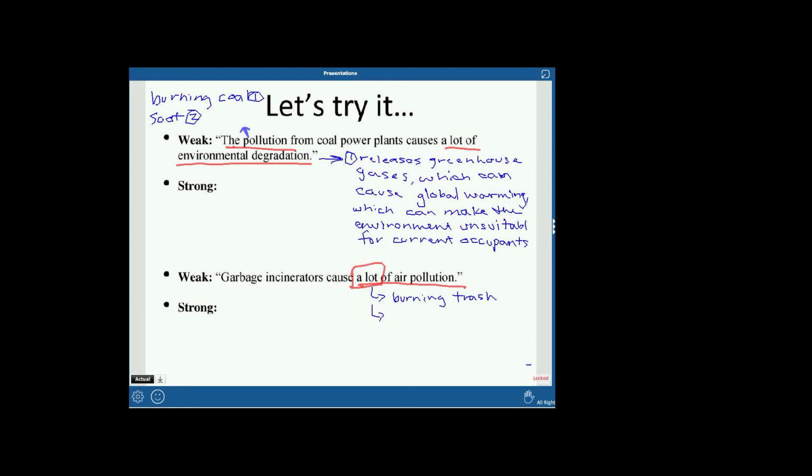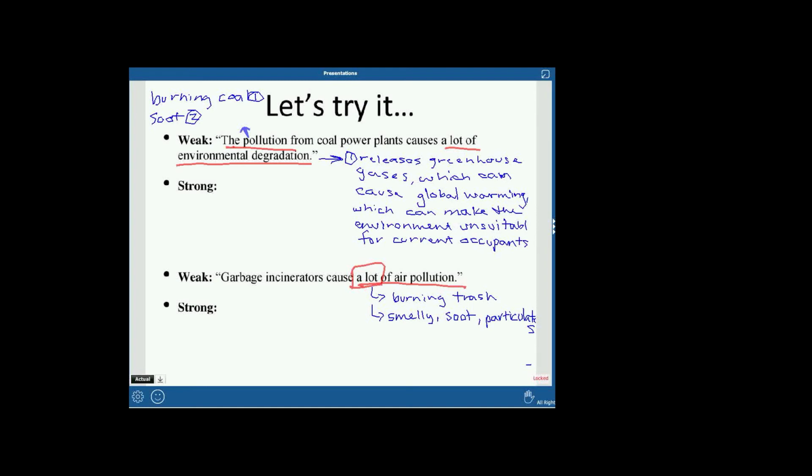It's going to be smelly, right? It's going to cause soot or particulates. Okay, so something like that.